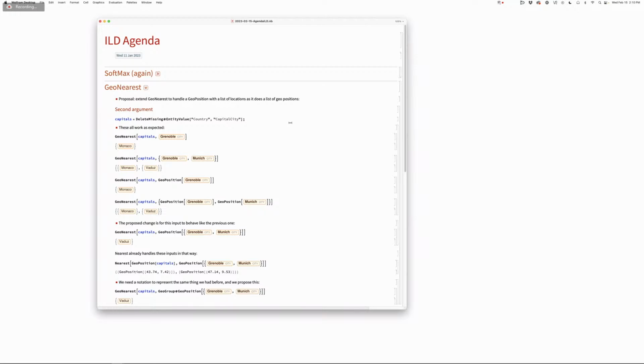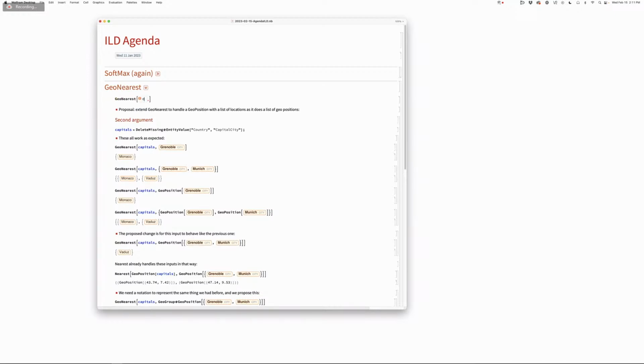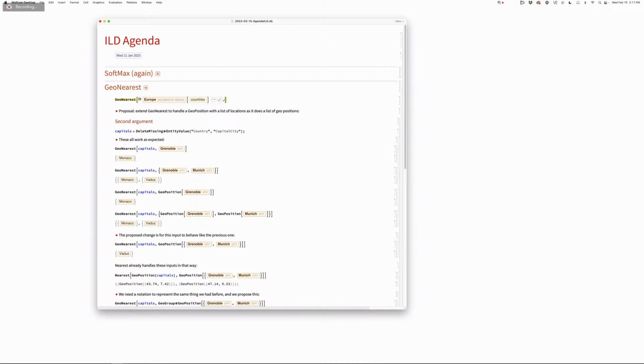Right. Now, I'm confused here. I'm very confused. If GeoNearest has an extended region, a country, for example, what does it mean? Which country is nearest to which other country? So here, for example, let's say I say GeoNearest of countries in Europe, and then I say North Pole.